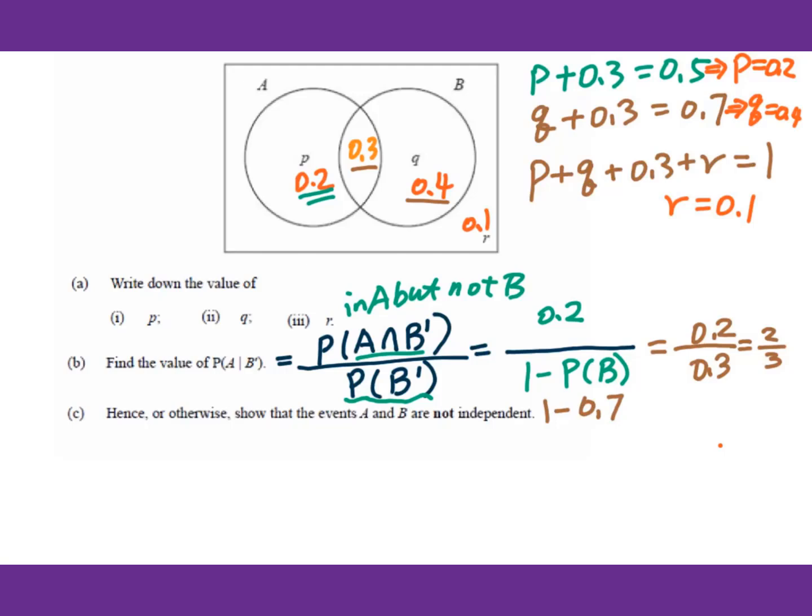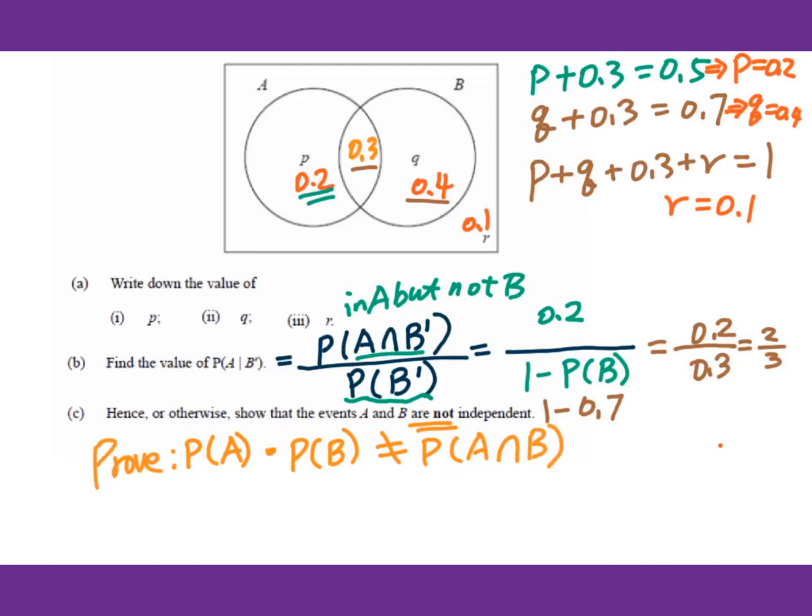Hence, or otherwise, show that the events A and B are not independent. We try to prove the probability of A times the probability of B is not equal to the probability of A intersect B. We need to prove this so that we show events A and B are not independent.